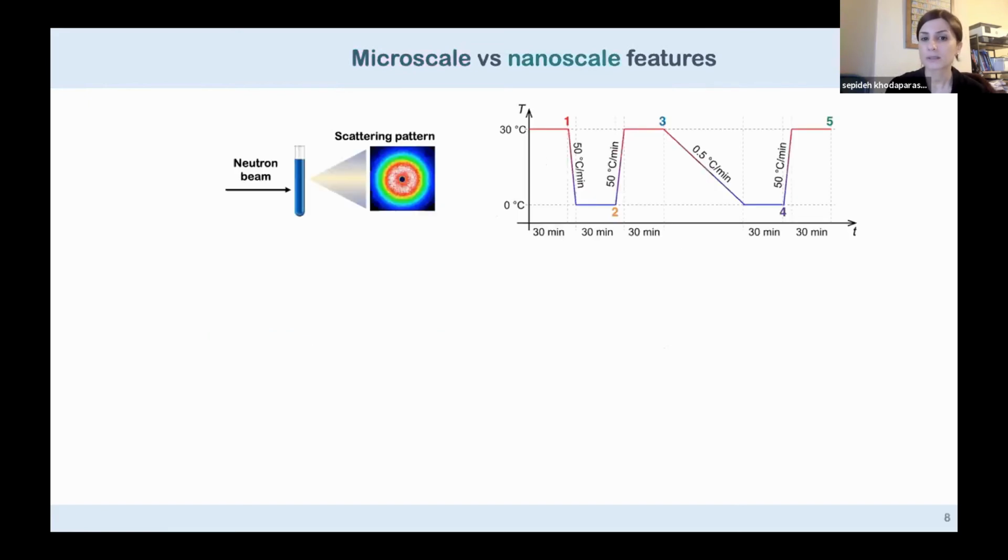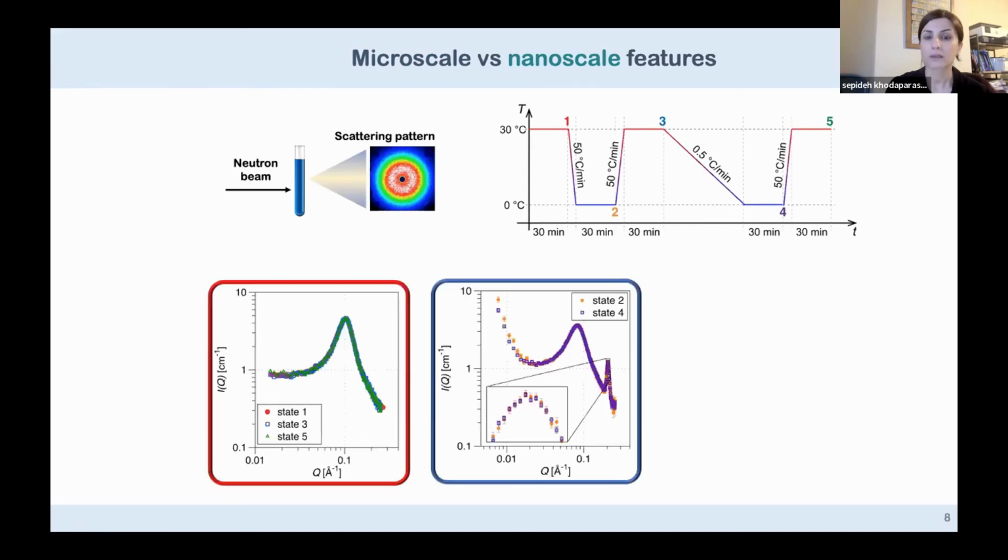And we repeated the same kind of experiments in small angle scattering mode. What you see here is that we are taking different cooling and heating samples.